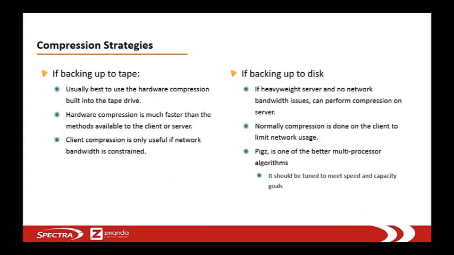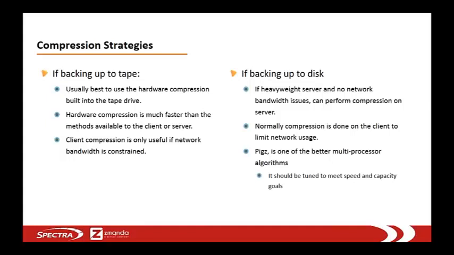On compression strategies, this has been something that comes up frequently. Where do I put compression? If you're backing up to tape, it's almost always best to go ahead and utilize the hardware compressor that's within the tape drive. It operates at hardware speeds. It doesn't require any CPU overhead of the server or the client that's being backed up.